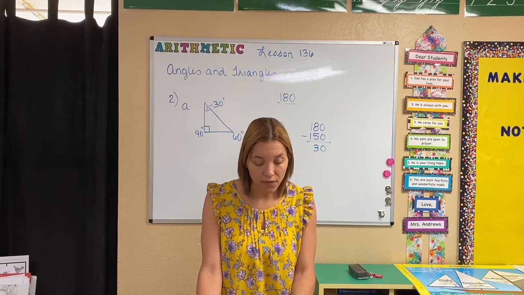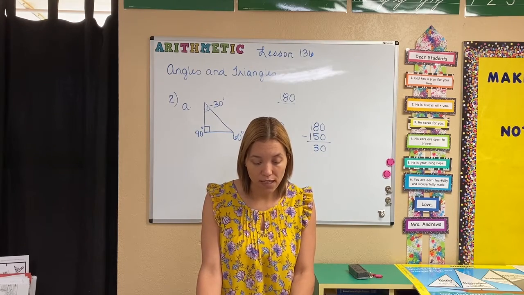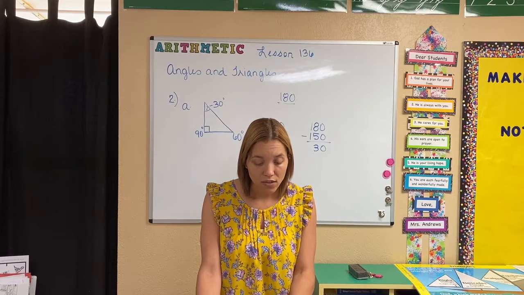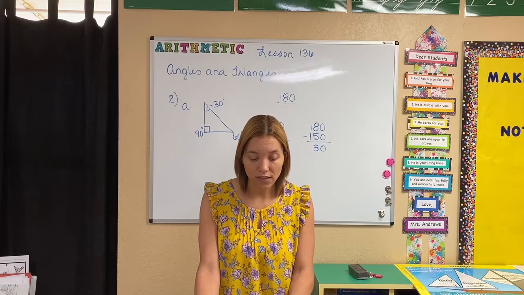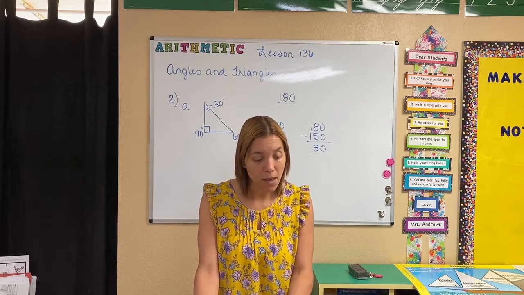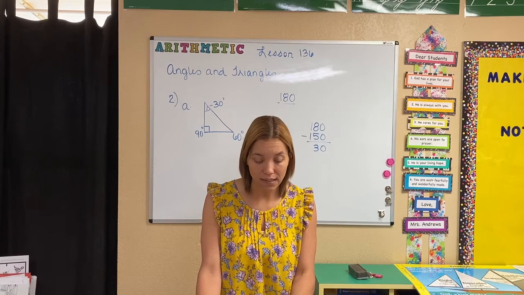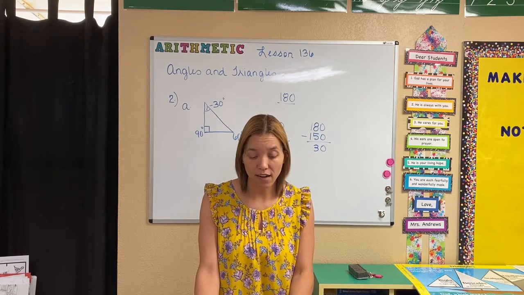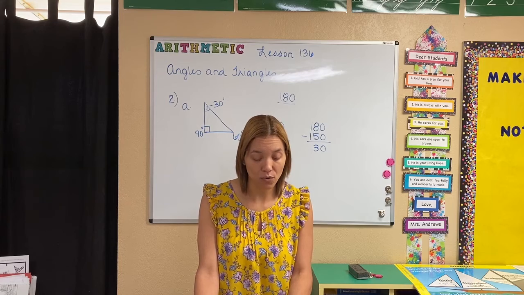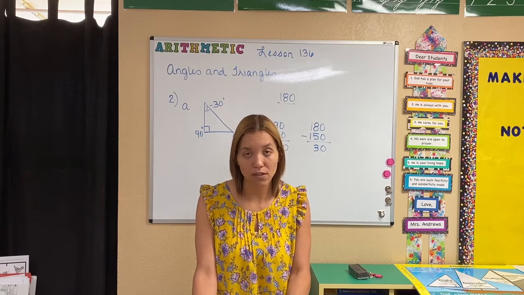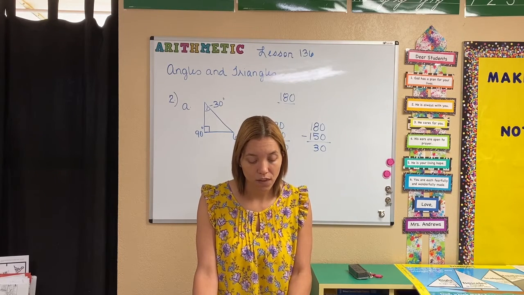For letter C, it says the sides are 4 centimeters, 5 centimeters, and 4 centimeters. For that, we know it's going to be an isosceles triangle because it has 2 congruent sides. The 2 sides that are the same, which means congruent, are 4 centimeters and 4 centimeters.